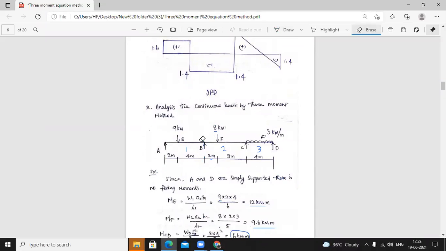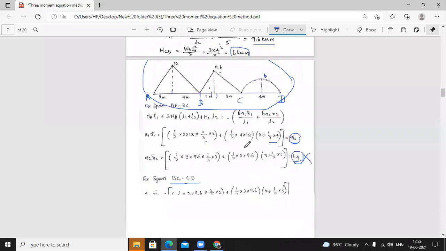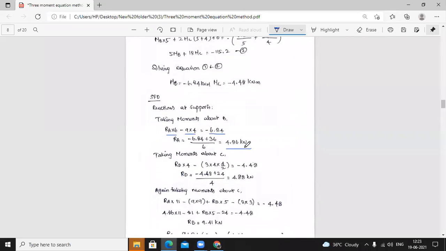Next step, calculate the RD value. You can see here, taking moments about the point C. So RD into 4, next 3 into 4 square by 2, which is equal to the moment at C. What is the moment at C?